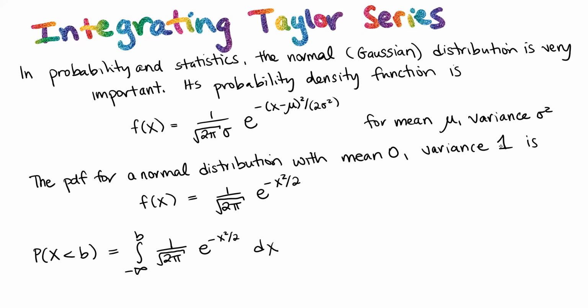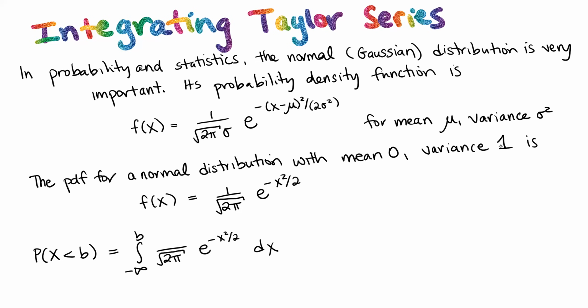So simple enough, but of course, at this point, using the calculus techniques that we have, you don't know how to integrate e to the negative x squared over 2. If we were looking for x times e to the negative x squared over 2, in other words, if you were looking to calculate the expected value of x, then you would be able to use substitution.